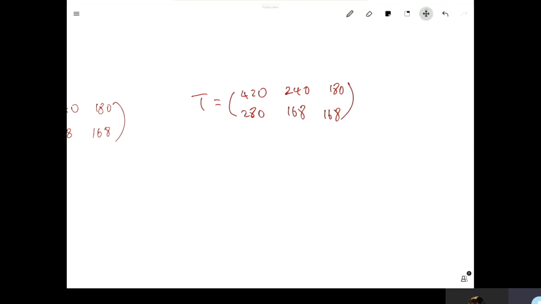They multiply with 2.1. Sorry, wrong. Okay, so I will get a matrix, which is 1512 and 1176.